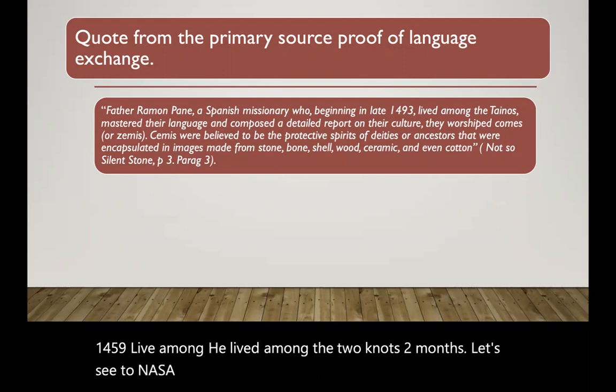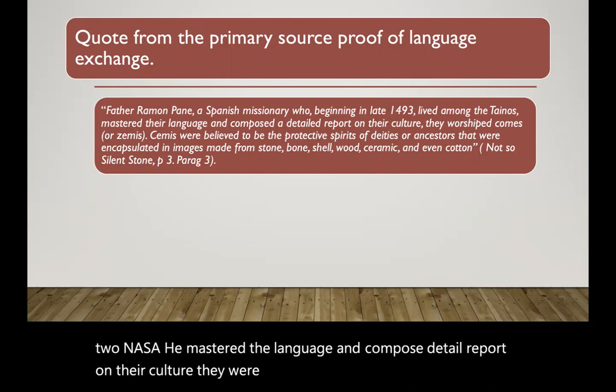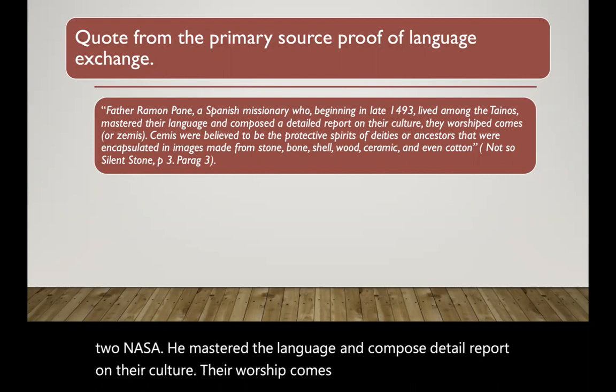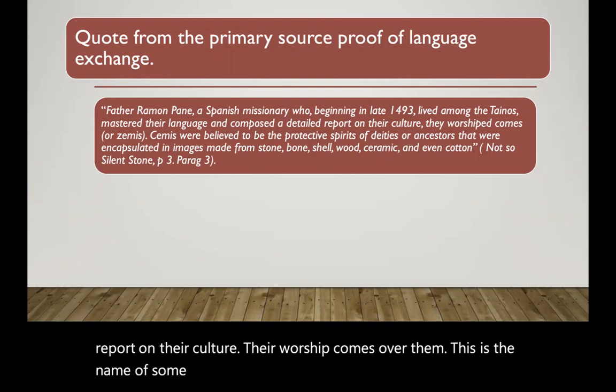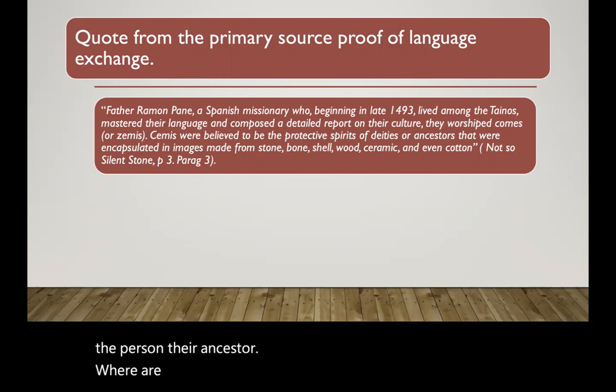He mastered their language and composed a detailed report on their culture and their worship of zemis. This is the name of the person, or their god, or their ancestor, who was believed to be the protective spirit of that deity or ancestor.